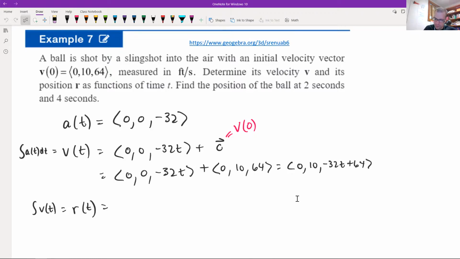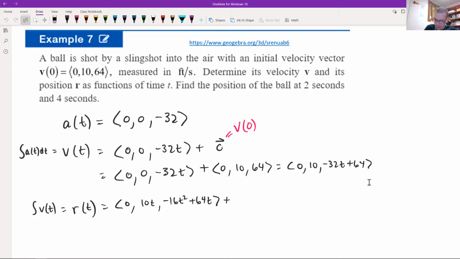But again, we're going to take a look at what we have. So we'll have 0, 10t, and negative 16t squared plus 64t.